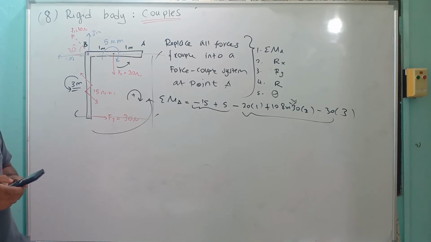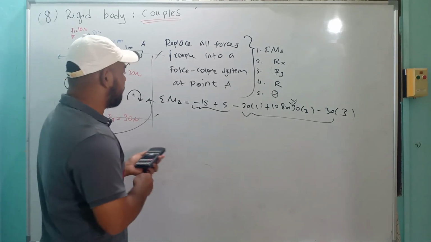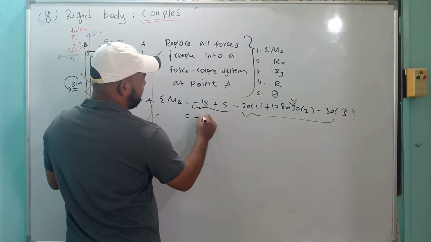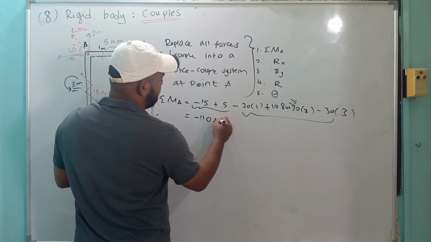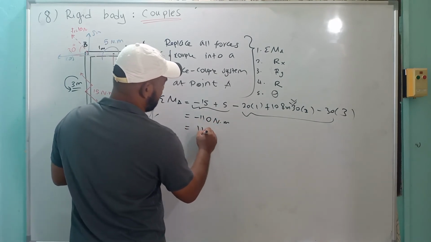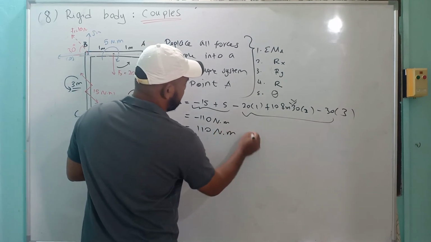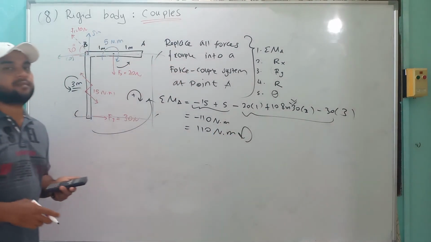We have sine 30 times 2, and then minus again 30 times 3. So we have minus 110, so equal to minus 110 Newton meter, meaning that it is 110 Newton meter counterclockwise.